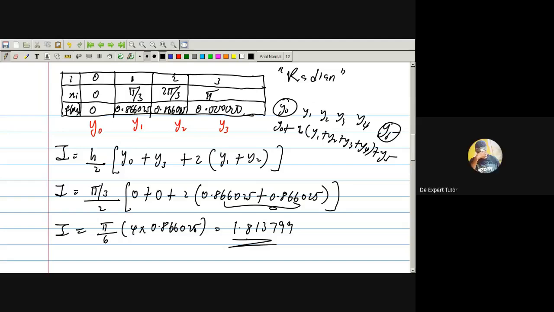Wait, hold on, sorry. Please check your work again. No, the issue is this pi over 6. Let me set my calculator to radian. It's when you are using trigonometry that you will need radian.